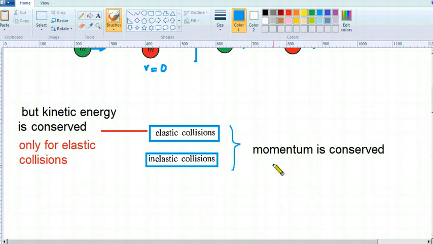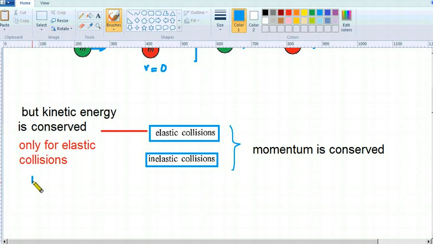What is conservation of momentum? Before the collision, the total momentum is equal to the final momentum. In brief, that is the conservation of momentum. What is the conservation of kinetic energy?